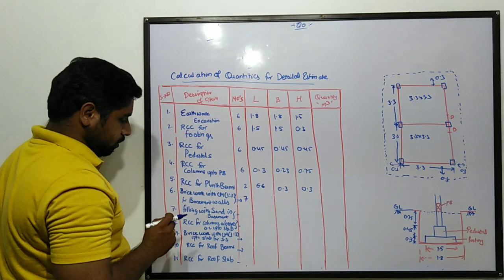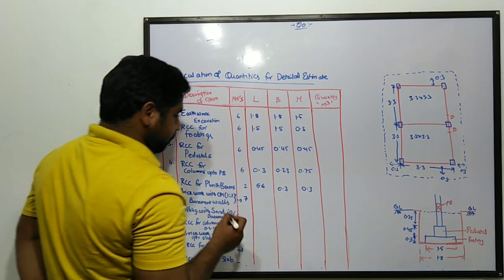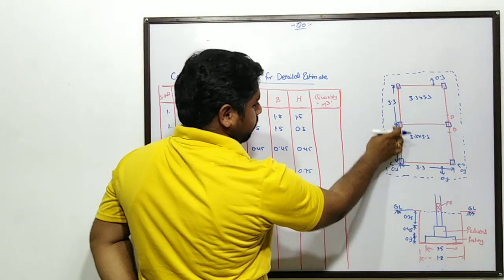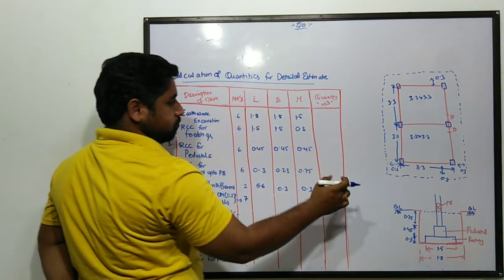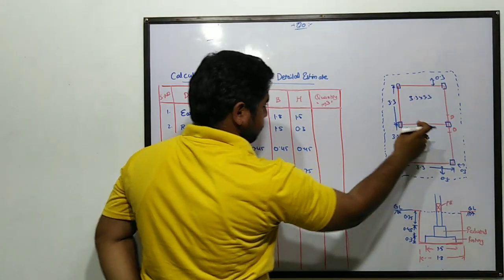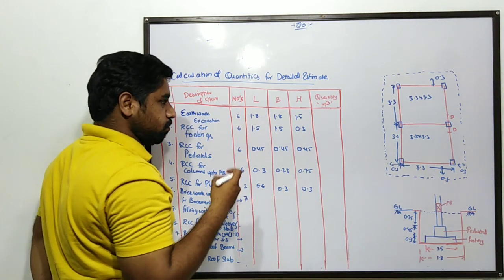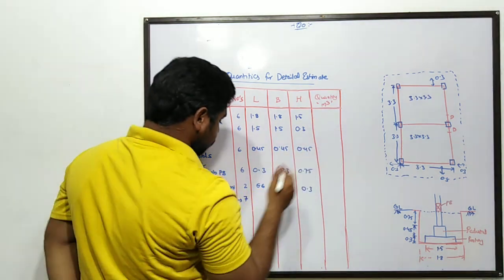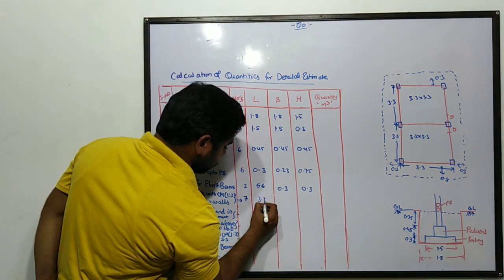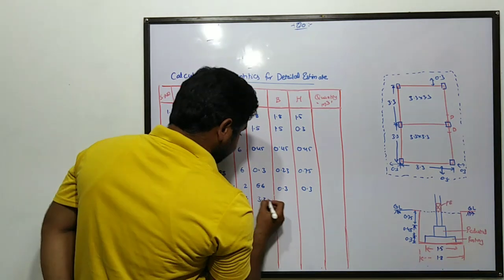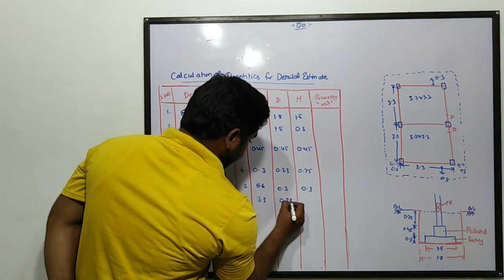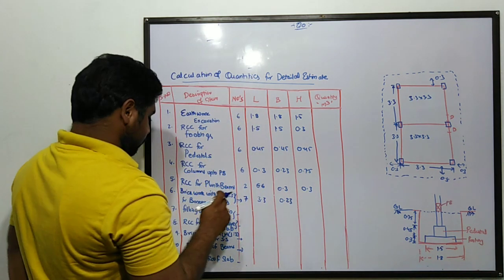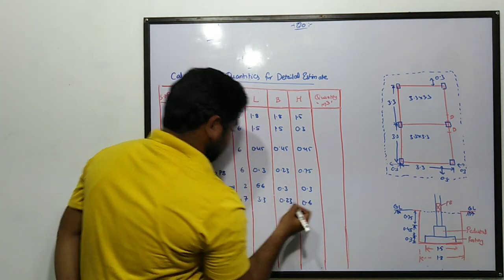Now coming to brickwork with cement mortar. Here we have 7 parts of brickwork. If you take column to column as 1 part, there are 7 parts, or we can take long wall and short wall also. Here I am taking individual walls, so 7 walls. The length of the wall is 3.3, width is 0.23 and height of the basement brickwork is 0.6 meters.